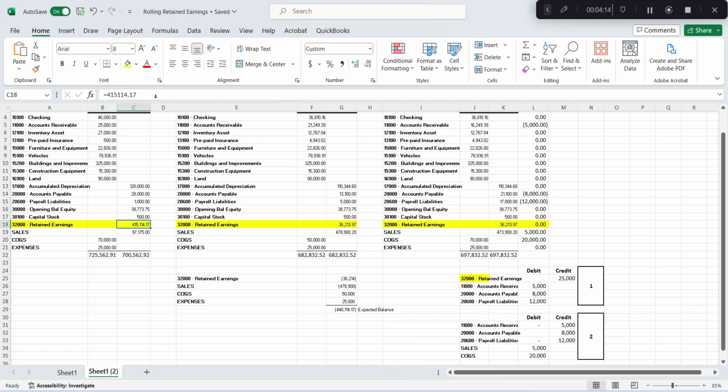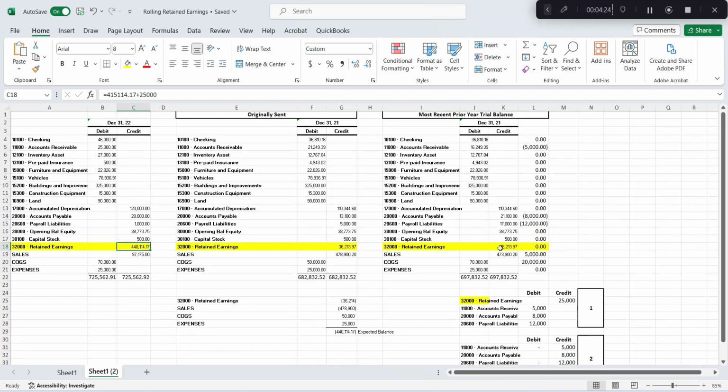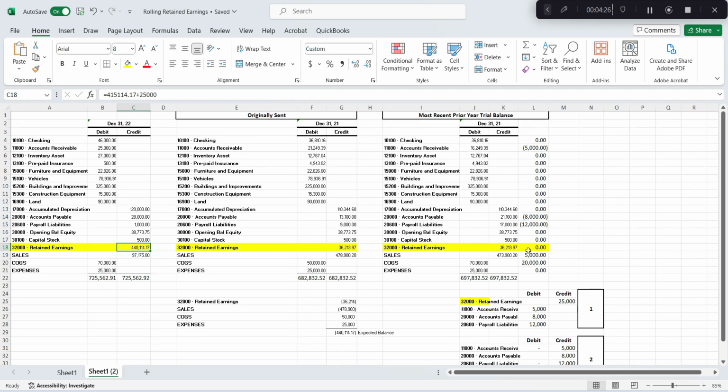And then let's go ahead and do this 25,000 credit to make retained earnings roll. Now we have the whole balancing trial balance. The journal entry works. So this is a very simplified approach to it. Again, you're just picking up the pieces and moving it into the current period.